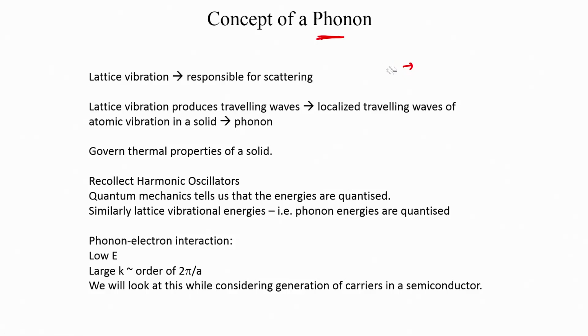It is the vibrations of all the atoms in the lattice that result in the scattering of electrons, which is one of the phenomena that limit the mobility of the electrons in the semiconductor.